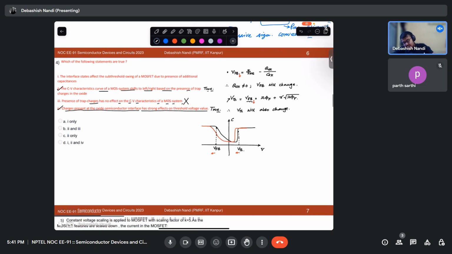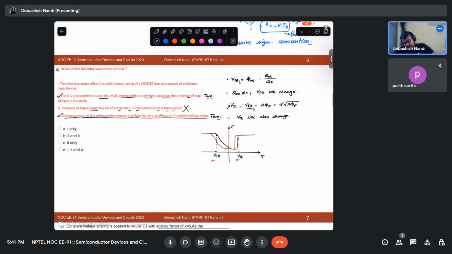And the last part is that the interface states affect the subthreshold swing of a MOSFET due to presence of an additional capacitance. So what is your subthreshold swing? It is phi t ln10 times 1 plus C depletion over C ox.